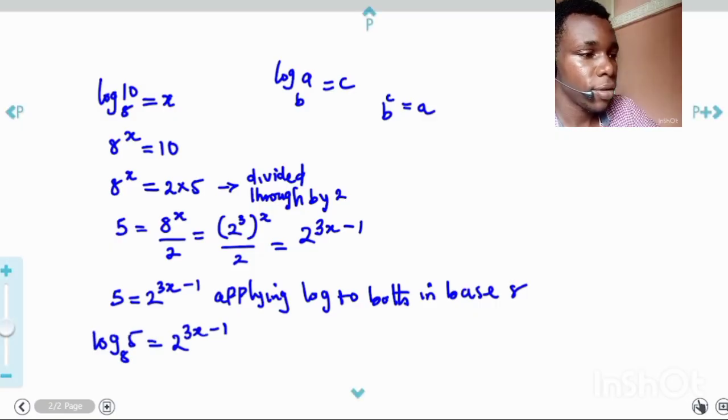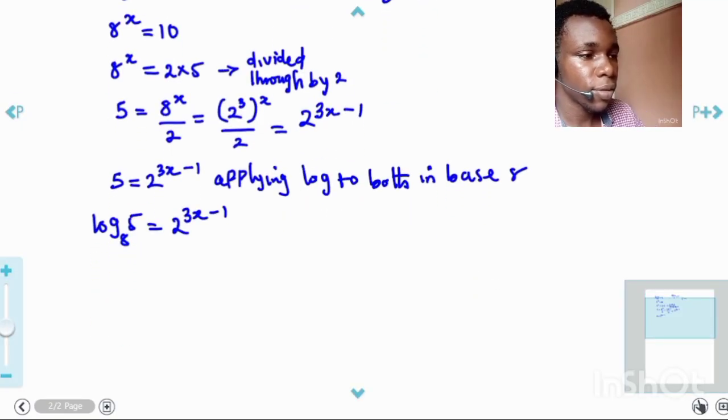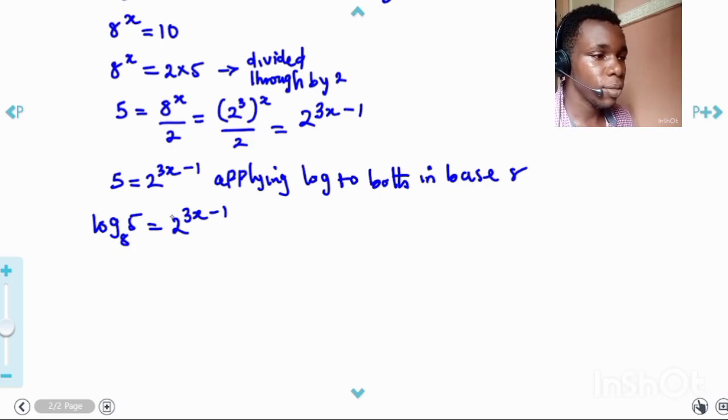All right, so the next thing we're going to do is, sorry, we didn't apply the log on this side. So we have here log base 8 to 3x minus 1. All right, we already know the initial law, the logarithmic law where this has to multiply this.